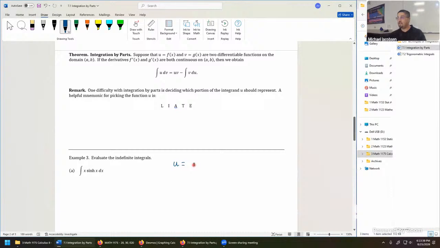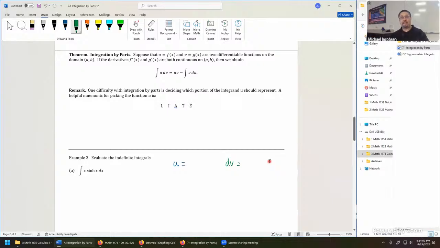Something is going to go there. And then once we pick the function for u, everything else is going to be dv. So that's row 1 from the derivation. It goes u, dv. Below we'll differentiate u. Below we'll find the antiderivative of whatever we have on this equation right here, the differential.